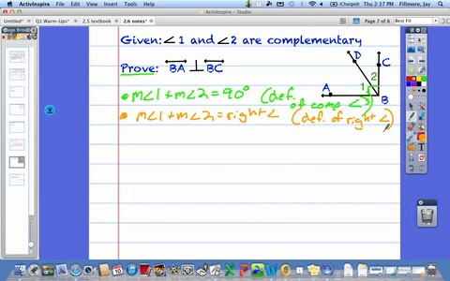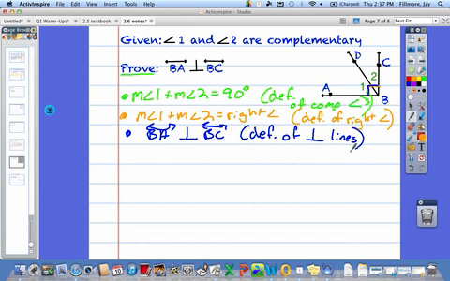Well, if these two together form a right angle, then we can conclude that the lines are perpendicular because the definition of perpendicular lines says they're formed by two lines making a right angle. So I'll say that line BA is perpendicular to line BC, and that's because of the definition of perpendicular lines, which says if they intersect to form a right angle, they're perpendicular.